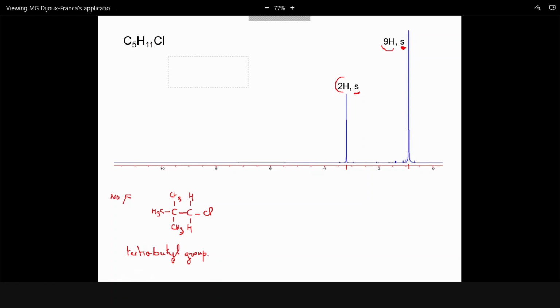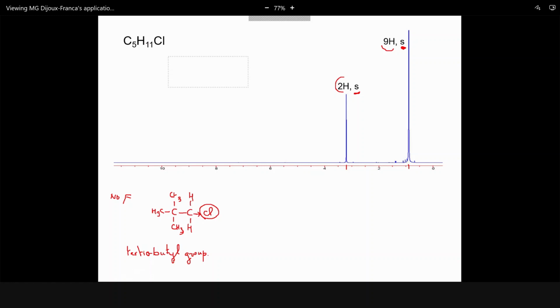As the chemical shift is relatively high, around 3.1 or 3.2 ppm, then effectively it's close to something that de-shields the chemical shift of a classical CH2. So this is the chlorine.